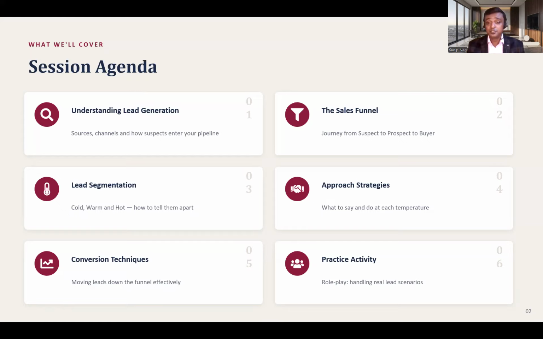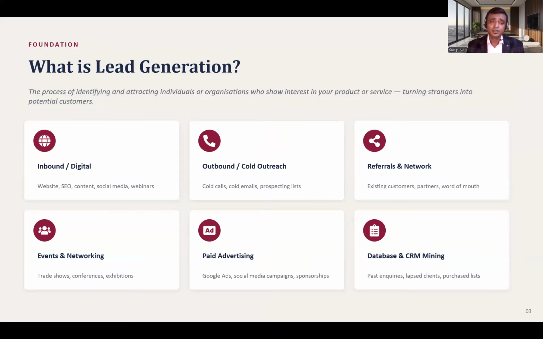Approaching strategies, and what to say and do with each sort of lead that you get. Conversion techniques, moving leads down the funnel, like there is a process step by step, and then conversion into a buyer, and how to do that through various role plays and activities.